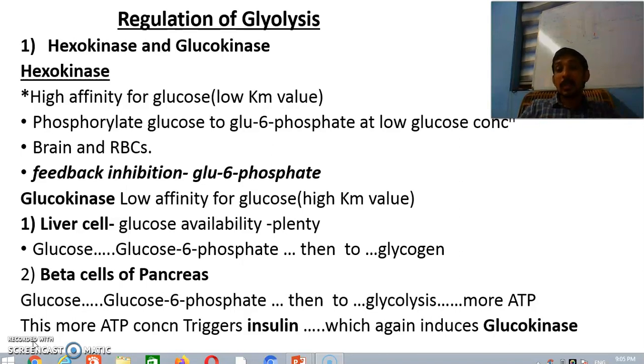That insulin hormone is a proteinaceous hormone consisting of alpha and beta chains. That insulin again stimulates the glucokinase within the pancreas.